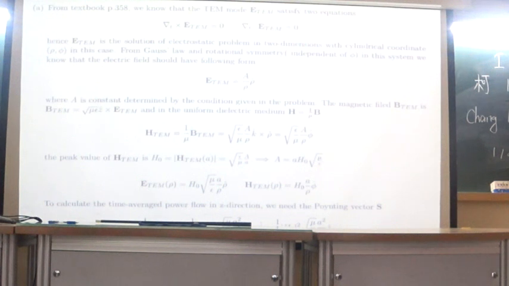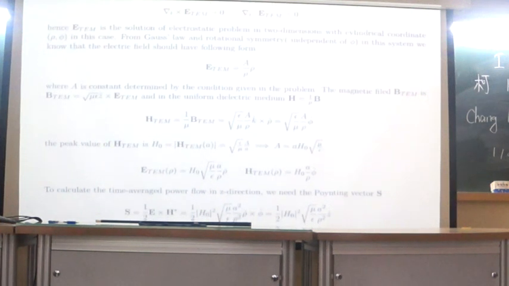And since this is a TEM mode, the magnetic field B has the following relation: B equals a constant times the z direction vector crossed with the electric field. And in the uniform dielectric medium, H is equal to the B field divided by mu. So we can find H is equal to this one.